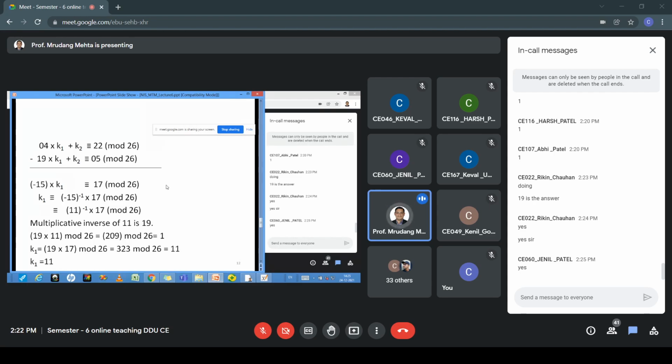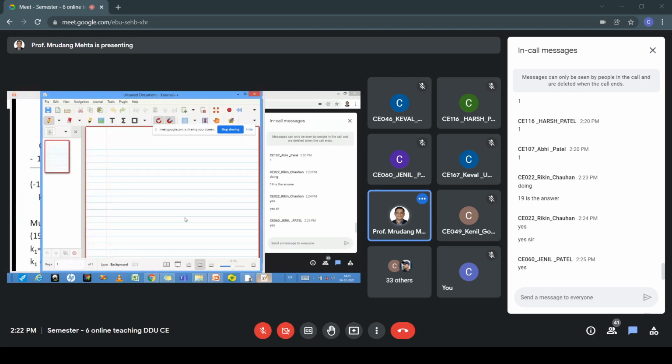So you do try doing this for K1. So the equation remains same.